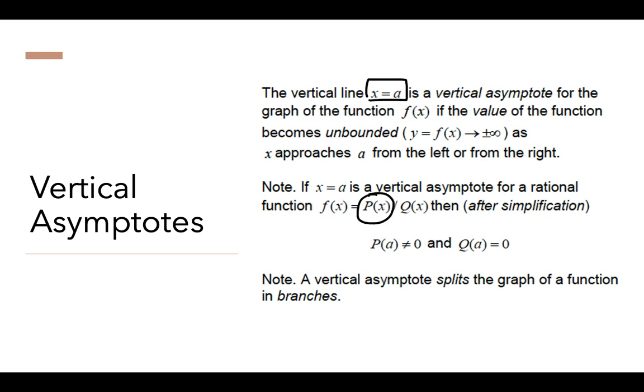The numerator cannot equal 0, and the denominator equals 0. Whatever makes the denominator equal 0 is going to be a vertical asymptote. A vertical asymptote is going to split the graph into branches, so we are going to explore the end behavior around the asymptote, the left side and the right side.